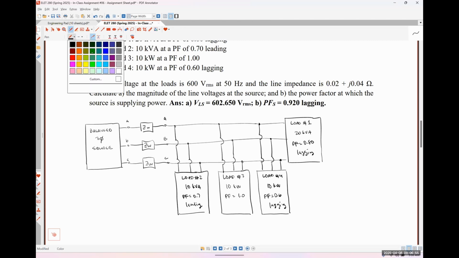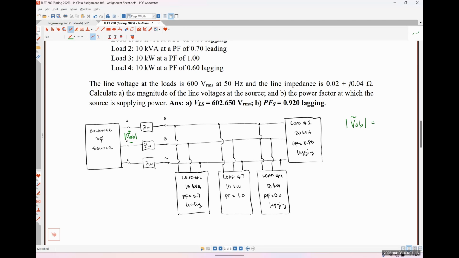Our ultimate goal is to figure out what our line voltages at the source are. So I'm just going to put that here. We're just looking for the magnitude of this voltage, lowercase ab. And we're also trying to find the power factor at which our source is supplying power. So the magnitude of VAB is equal to something, and the power factor of our voltage source is also something that we're looking for.